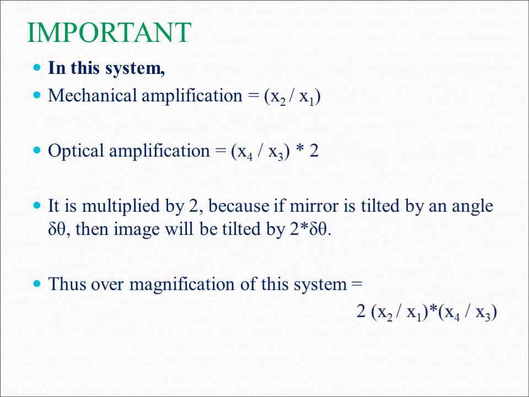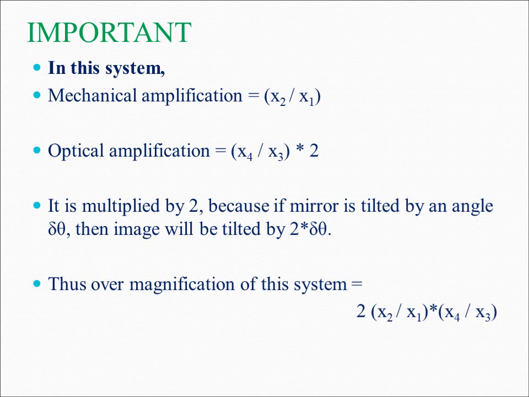So what are the important points in this mechanical optical comparator? In this system, the mechanical amplification from the figure is equal to x2 by x1. The optical amplification is equal to x4 by x3 multiplied by 2. It is always twice as per the principle of reflection of light.